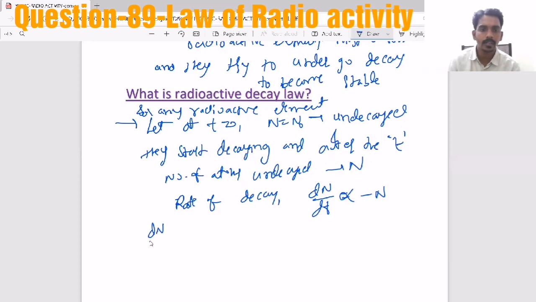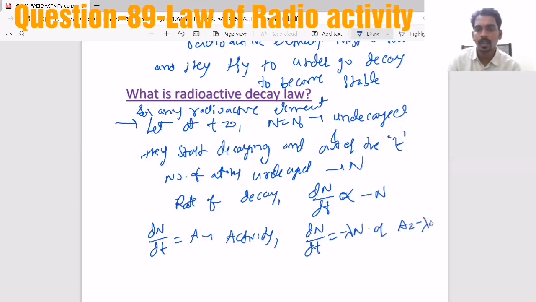This dn by dt we call A, that is activity or radioactivity. So dn by dt equals minus lambda n, or A equals minus lambda n.